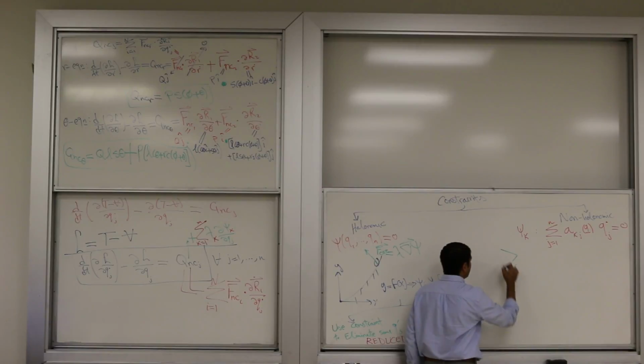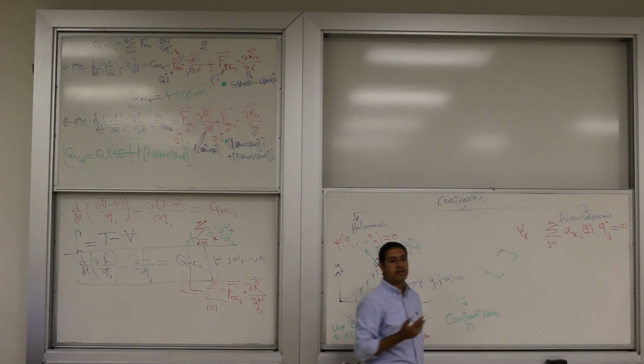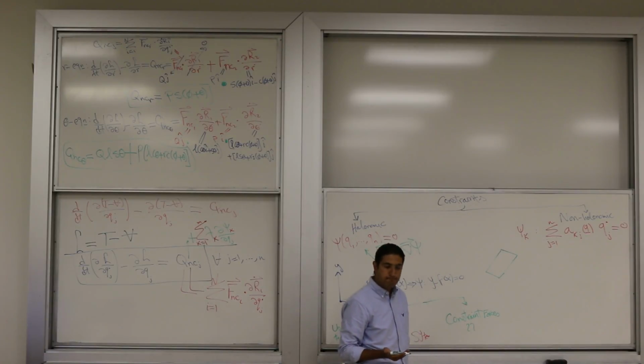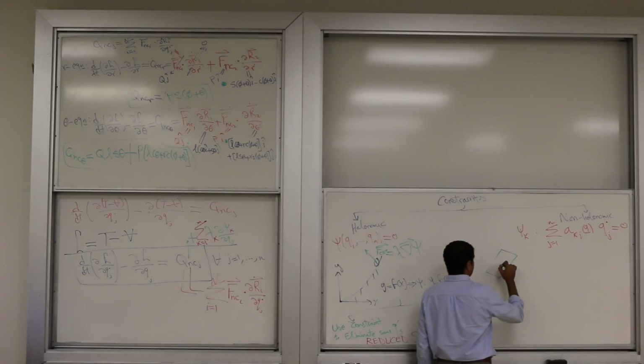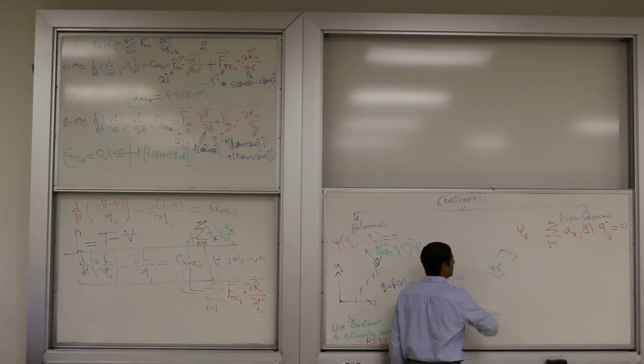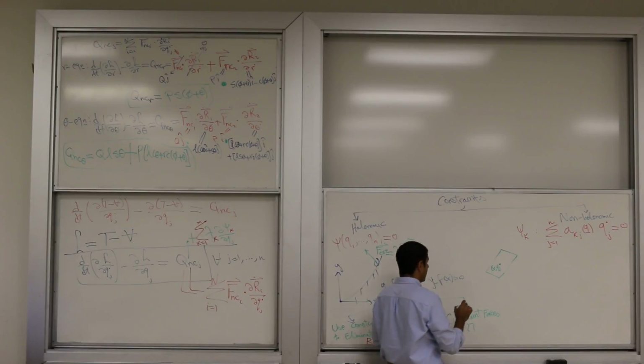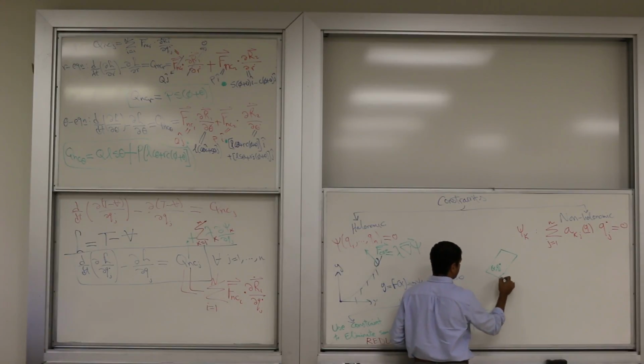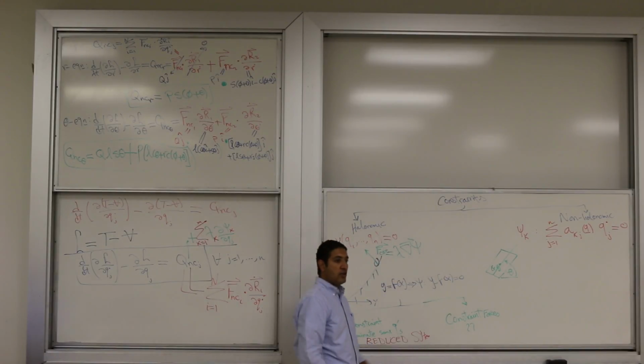The very well-known example is your car. A rigid body in the plane has 3 degrees of freedom, x, y, and theta, right? So, x, y of the center of mass, and this is theta, and here is your axis.